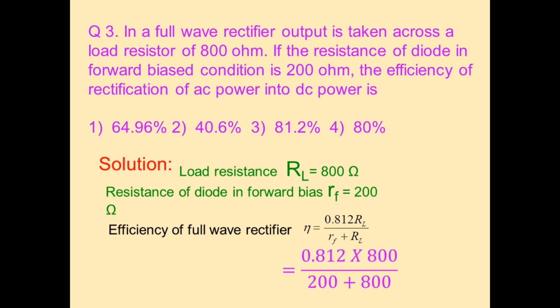Efficiency of full wave rectifier is eta equal to 0.812 into RL divided by RL plus RF, which is 0.812 into 800 by 200 plus 800, just substituting the values of RL plus RF.